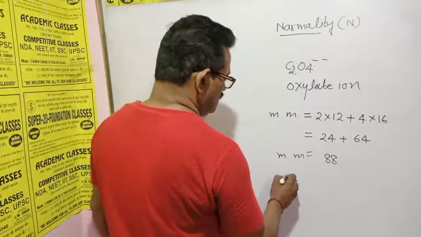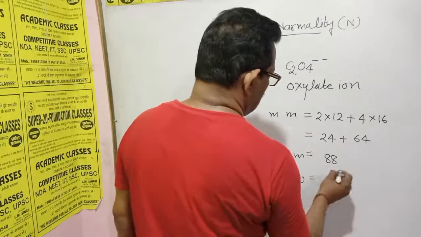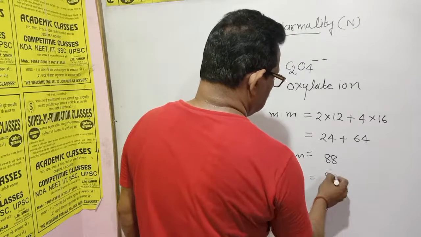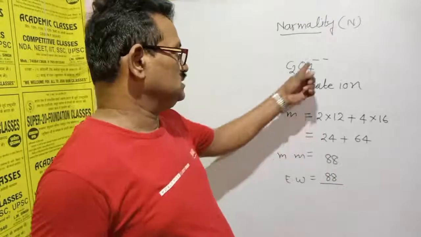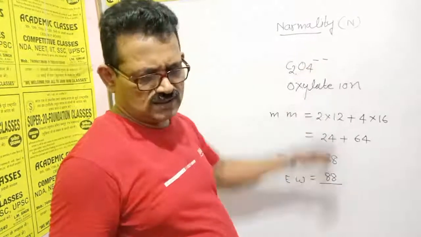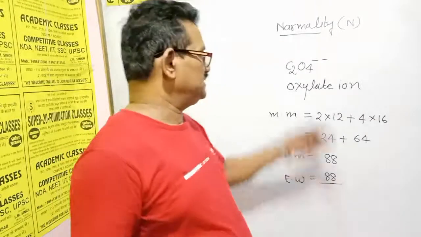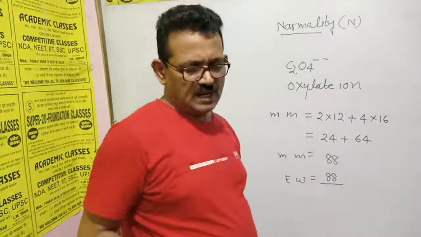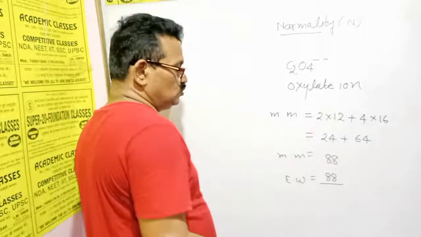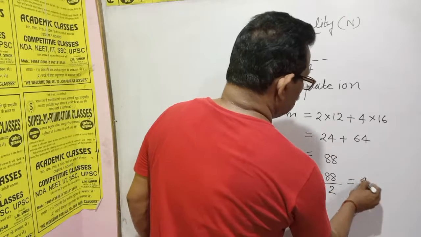Then you can also calculate the equivalent weight, and you know equivalent weight is the molar mass upon charge. You see the number of charges is 2 here, 2 negative charges. You only need to see how many charges are present in oxalate ion. Then use the 2 here, and you get 44.